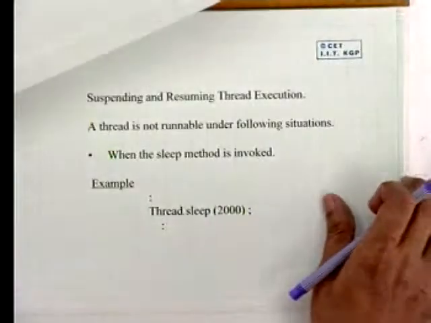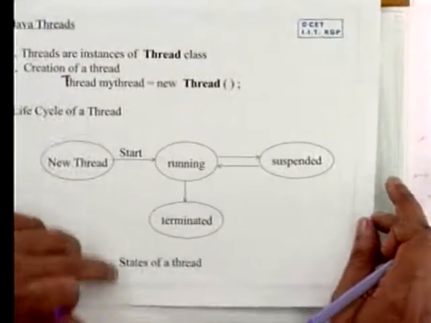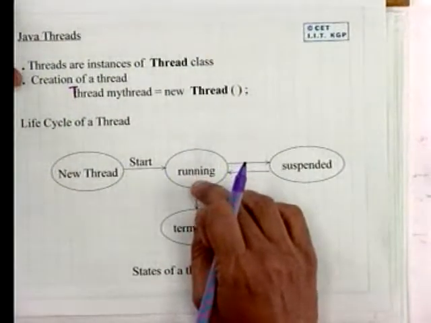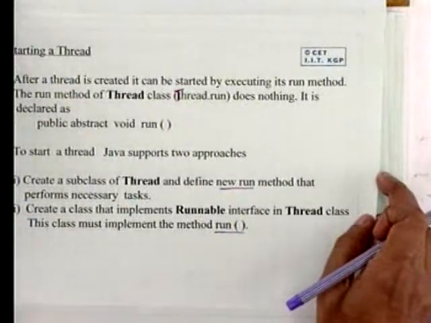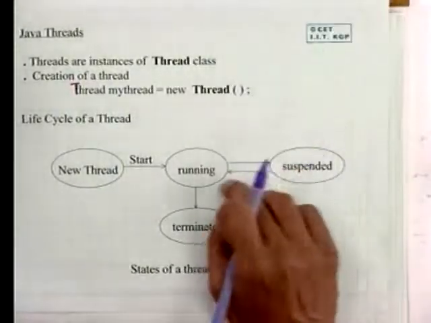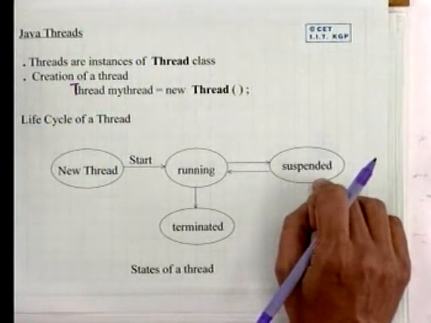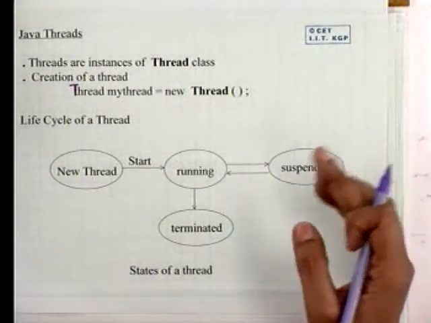So what we have now seen is that it is possible to start a thread, and it is possible to run the thread by appropriately coding its run method, by specialization in a subclass or with the help of a Runnable interface. It is possible to make the thread wait or go to a blocked state using the suspend method, or with the help of sleep type methods, or with wait calls.